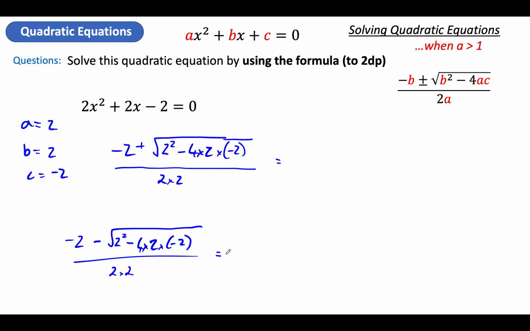Okay, so let's do that. Let's have negative 2, and I'm going to set it up as a fraction on my calculator. You can just put it all in one go. Negative 2. First of all, we'll do it with plus, and I'll show you a little sneaky thing you can do in a minute. 2 squared, take away 4 times 2 times brackets negative 2. And then underneath, 2 times 2.